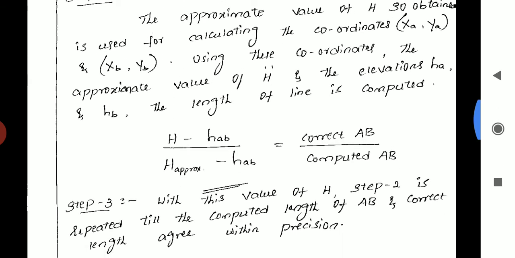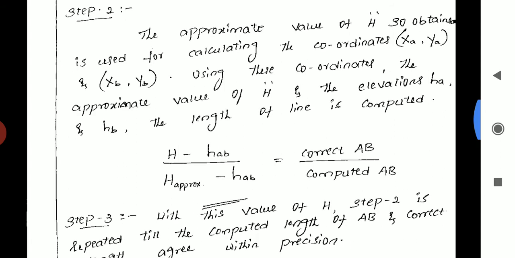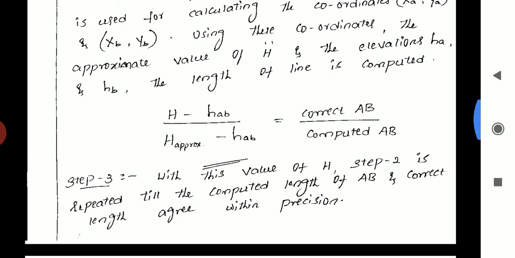Step 2: it is by approximation, and the approximation value of H so obtained is used for calculating using the coordinates XA, YA, XB and YB. Imagine they have some coordinate points, that is XA, YA and XB, YB.